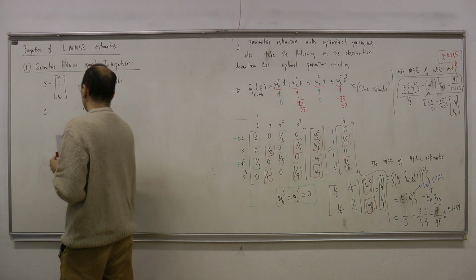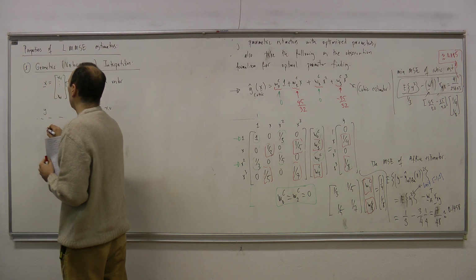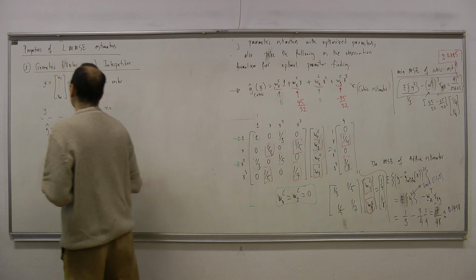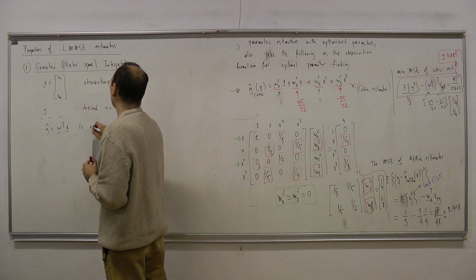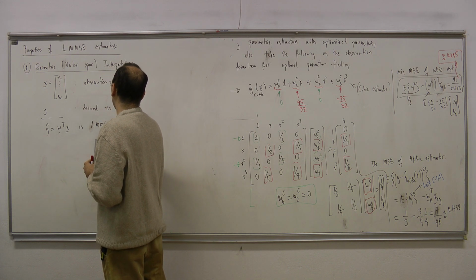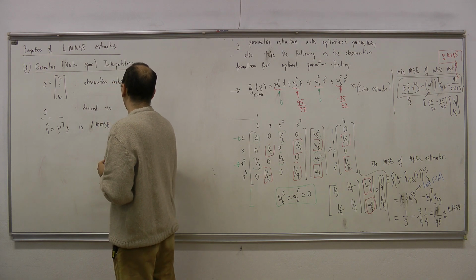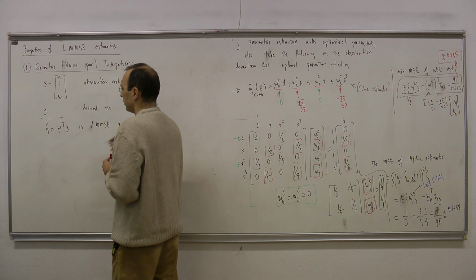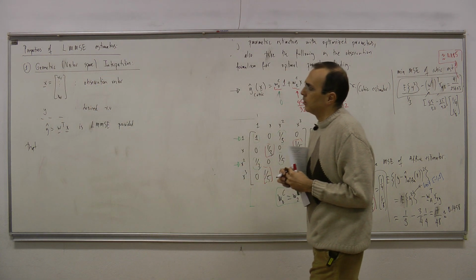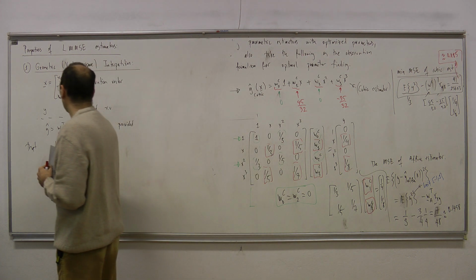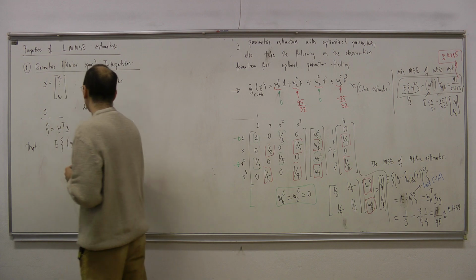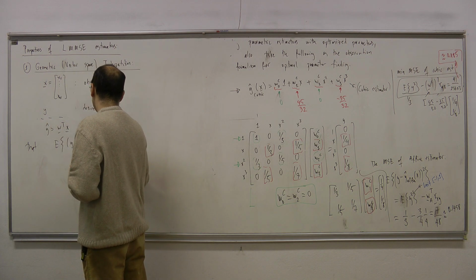Now, what we have seen is y hat equals w transpose x is the linear MMSE estimator, provided that, so what do we have? Provided that expected value of (y minus y hat) times x is equal to 0.